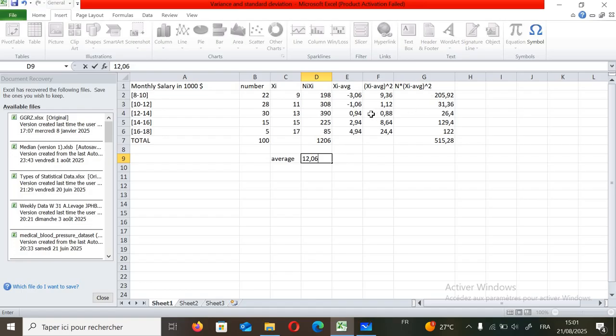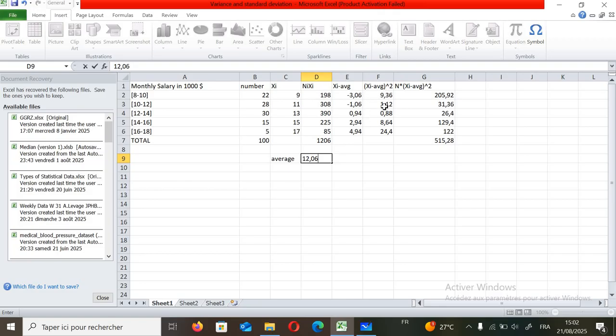Okay, xi minus x bar, which is this one. 9 minus 12.06 is minus 3.06. 11 minus 12.06 is minus 1.06. 13 minus 12.06 is 0.94, etc.